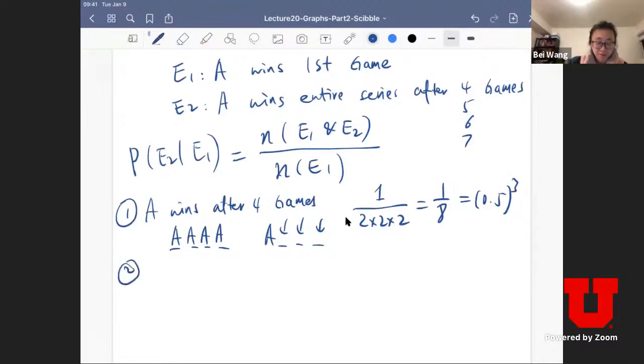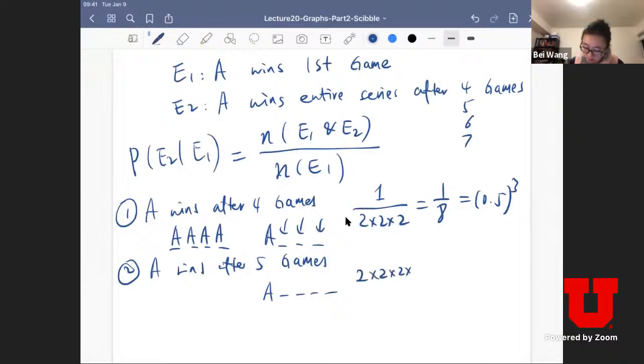Now the second case is A wins after 5 games. So first of all, let's look at all configurations. If A wins the first game, and I don't care about the rest, the bottom is 2 to the power 4. And then the top is, A has to win the first game, A has to win the last game, and then there are 3 positions in the middle.